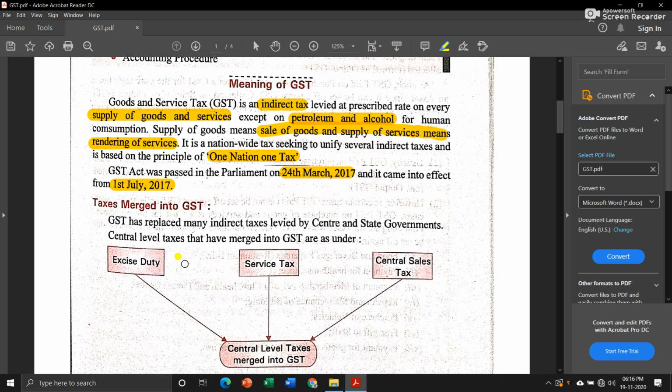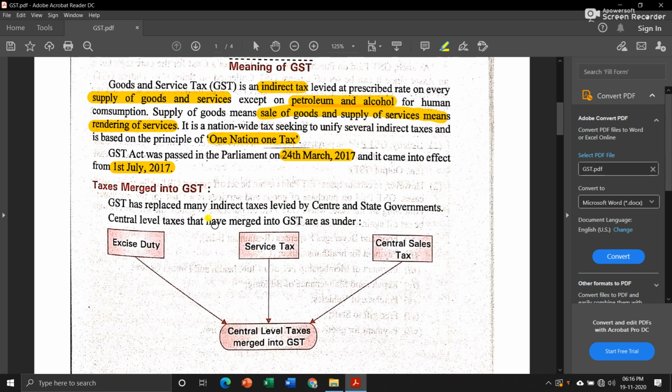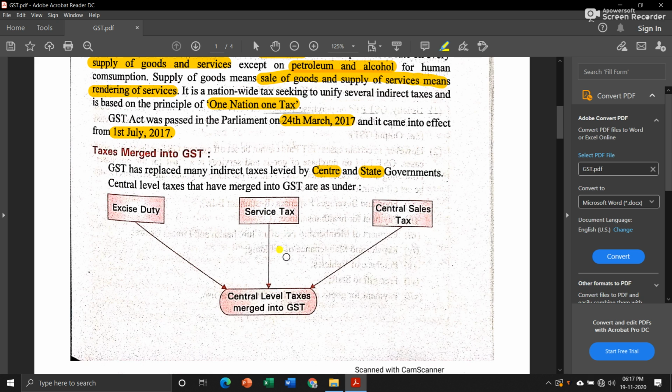Now how was GST formed? Before GST there were lots of indirect taxes like excise duty, service tax, central sales tax and other taxes which were enforced by the central as well as state governments. The government combined or merged all those indirect taxes into GST.